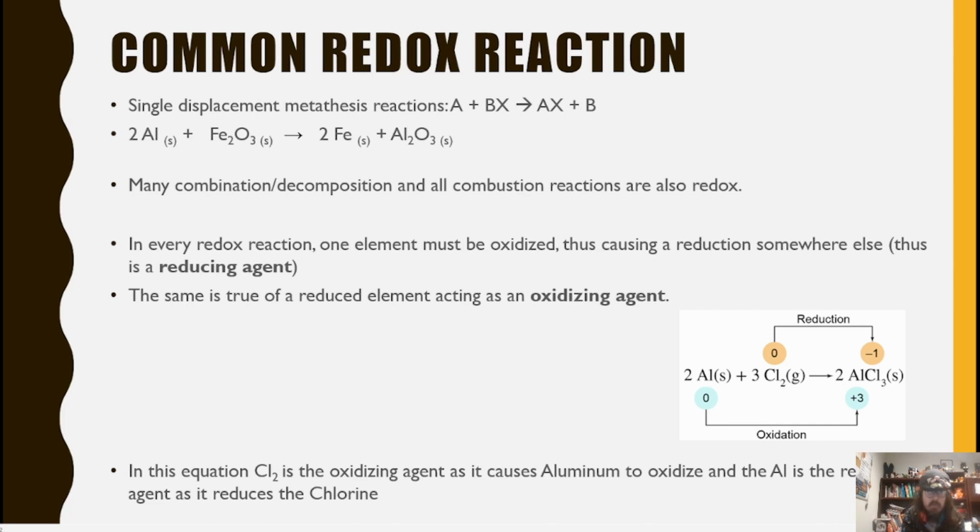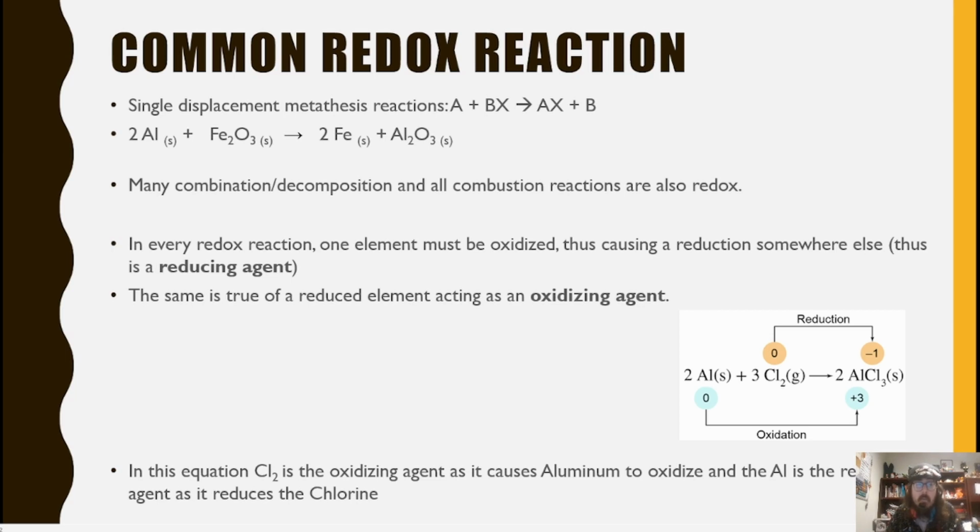A true single displacement is always a redox. So if I have 2 aluminum solid and iron(III) oxide going to iron solid and aluminum oxide, that is a redox.